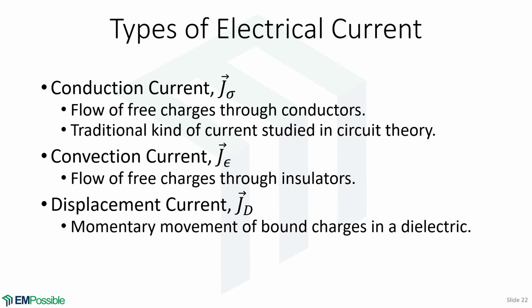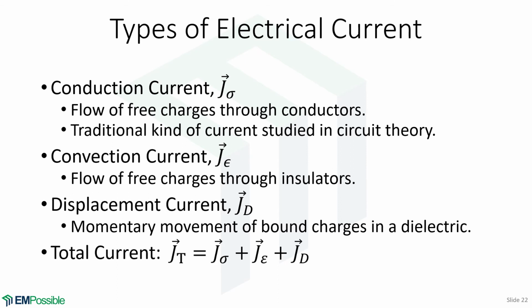Well, during that time where those orbitals are stretching from their equilibrium state to however they're stretched, there is this momentary movement of charges, and that is a current. And so we have to count it as that, and it is called the displacement current. It's a very short-lived current.